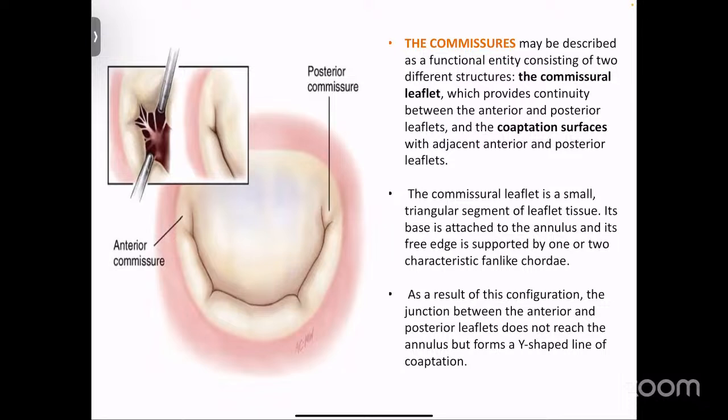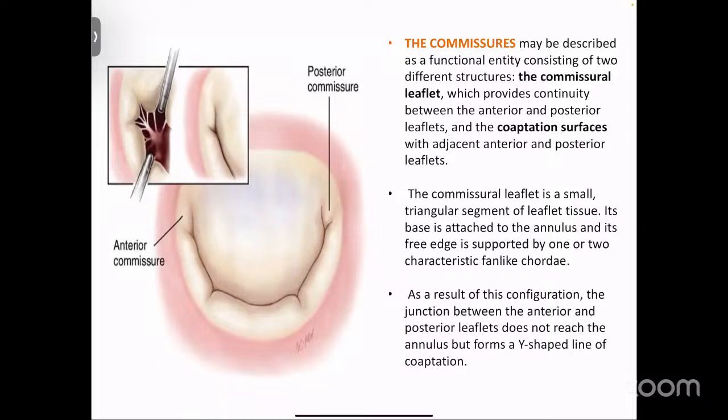Now, after we have gone through the leaflets and the scallops of the posterior leaflet, we can appreciate the presence of the commissures. There are two commissures in the mitral valve, termed anterior and posterior commissure.